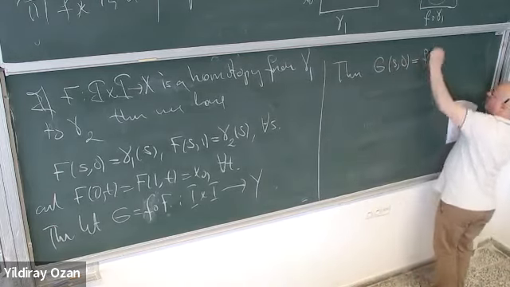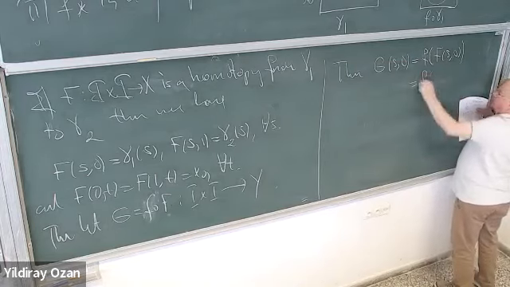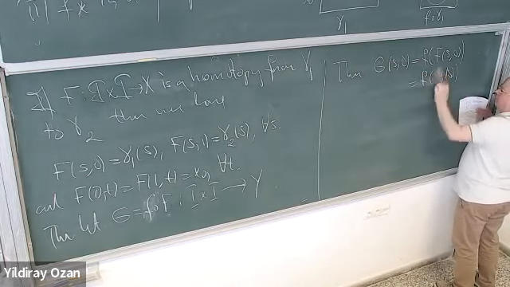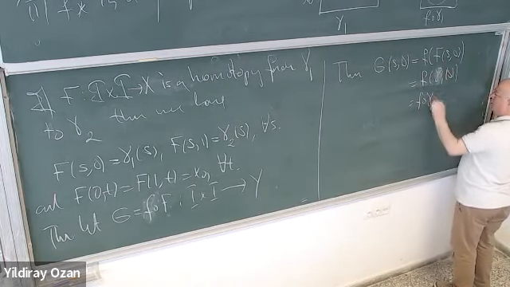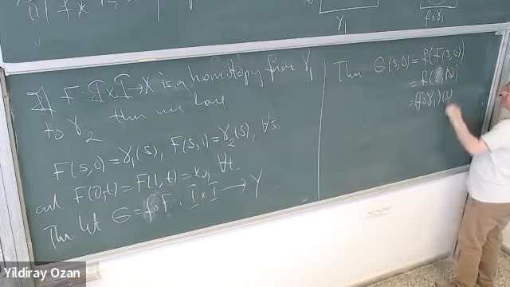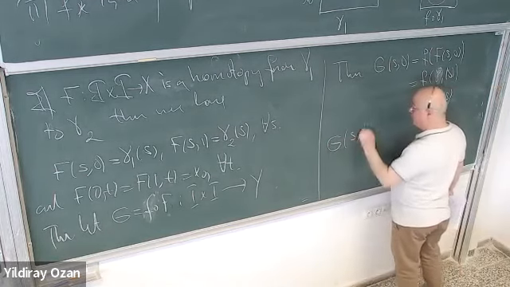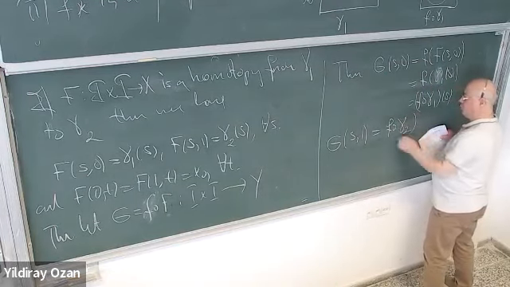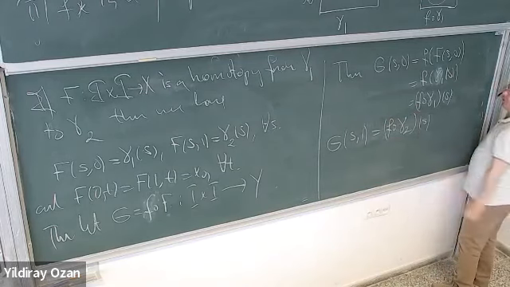Well, this is f of F of s,0, but this is gamma 1 of s. So this is f composition gamma 1 of s. Similarly, this is just f composition gamma 2 of s.